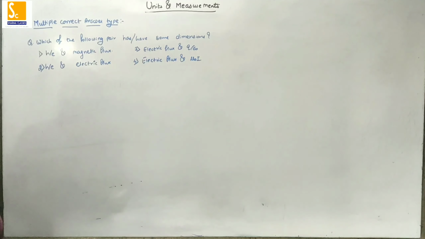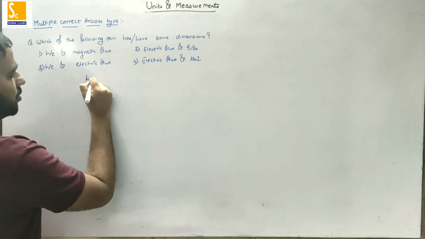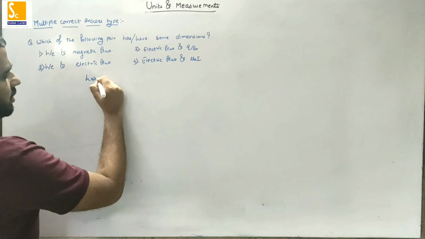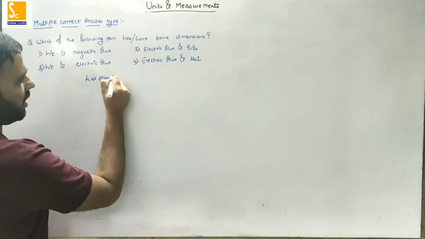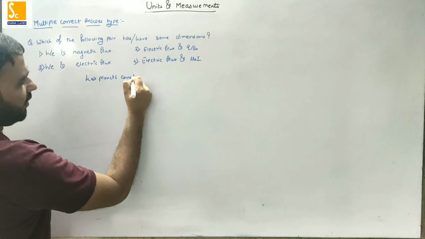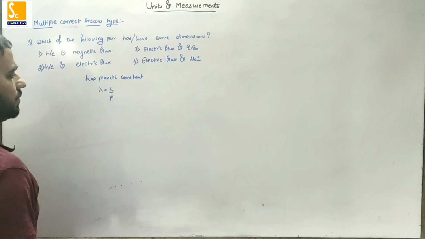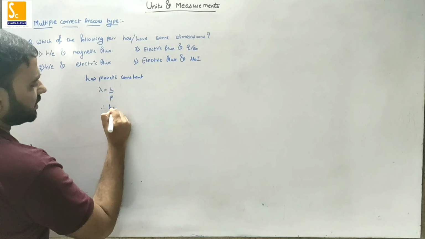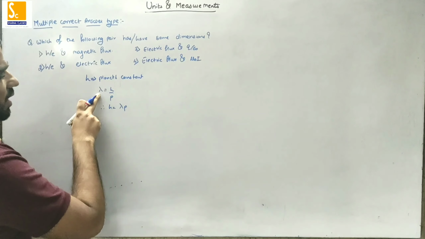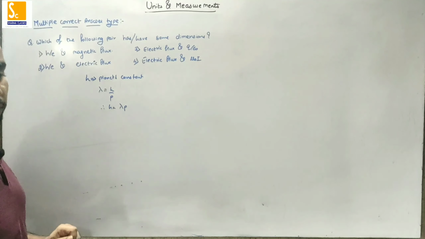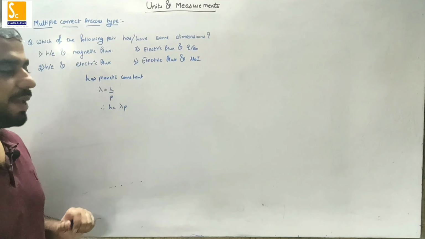ठीक है, सबसे पहले H, प्लैंक्स कांस्टेंट. प्लैंक्स कांस्टेंट का जो डायमेंशनल फॉर्मूला बनाने के लिए हम एक फॉर्मूले का यूज़ करेंगे, लाइक lambda is equals to h by p. Okay, so therefore can I say H is equals to lambda p? What is lambda? It's a wavelength. Wavelength means we know that it is a type of length.